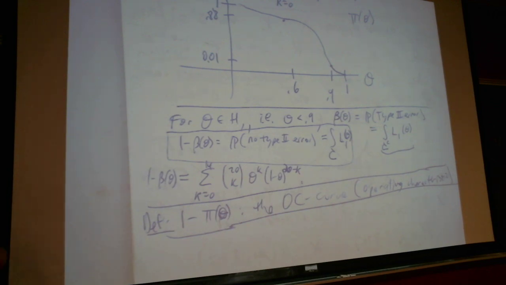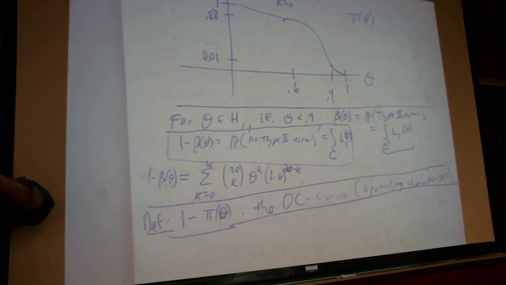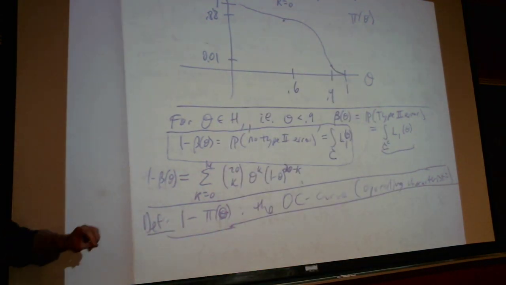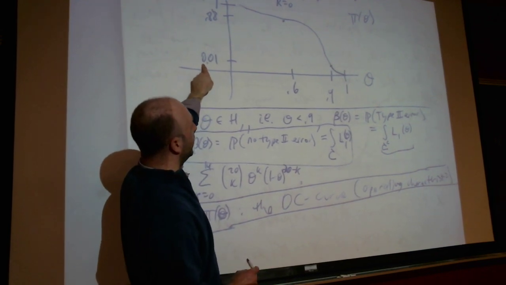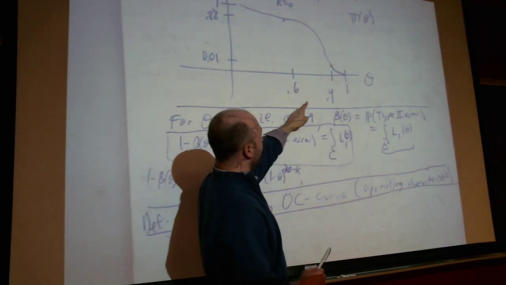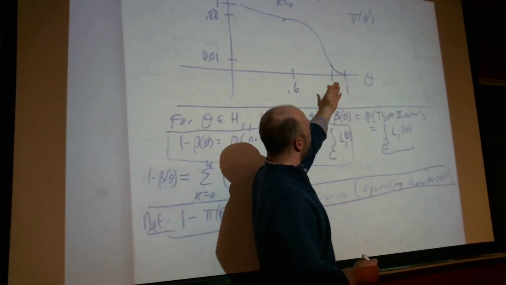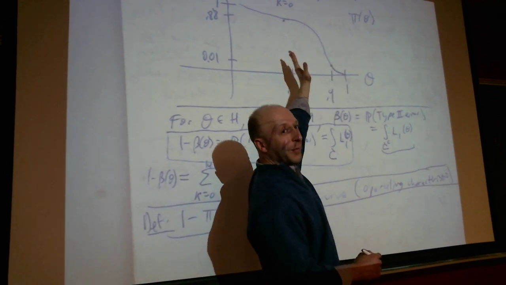So what information can you see from this curve? Well, there's a bunch of things you can see. For example, once you've drawn this curve, you see that we never used the fact that 0.9 was the null hypothesis and 0.6 was the alternative hypothesis.